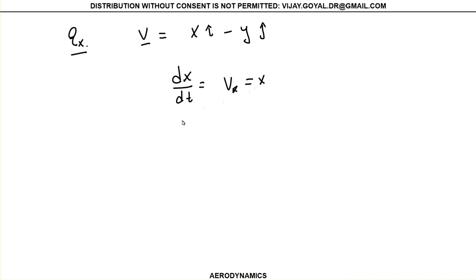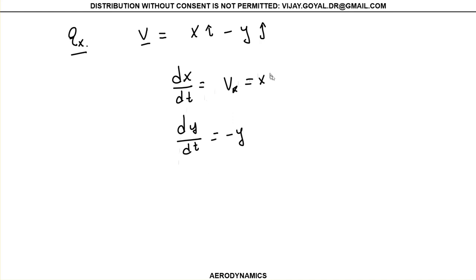To better understand this, consider a very simple example. Say the velocity vector is x i minus y j. I know that dx/dt is equal to v_x, which is x, and I know that dy/dt is equal to minus y.